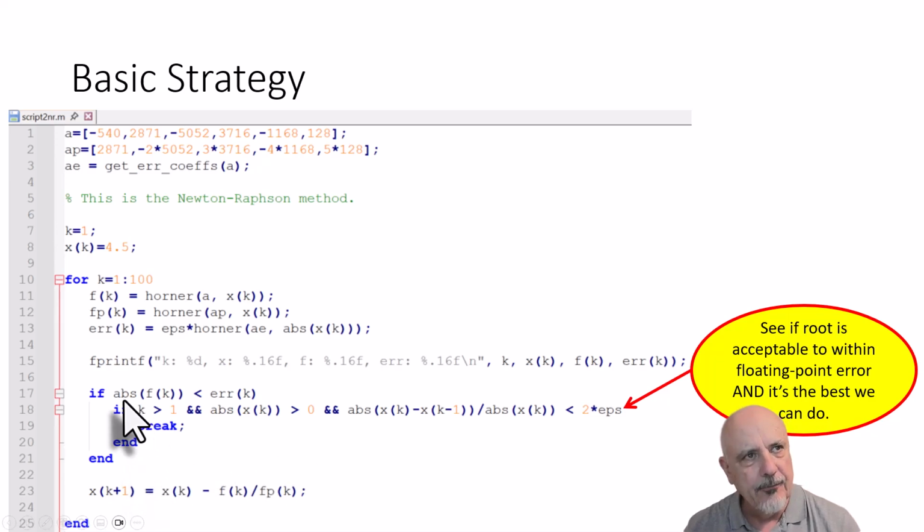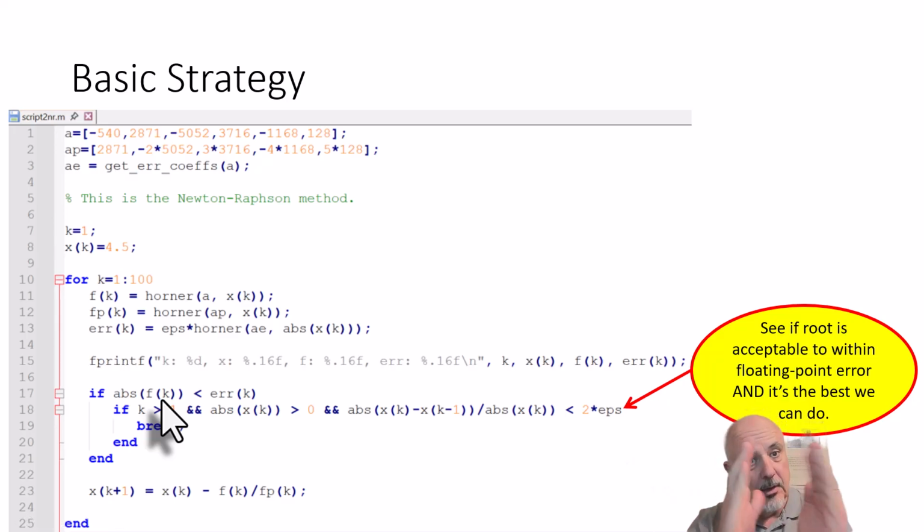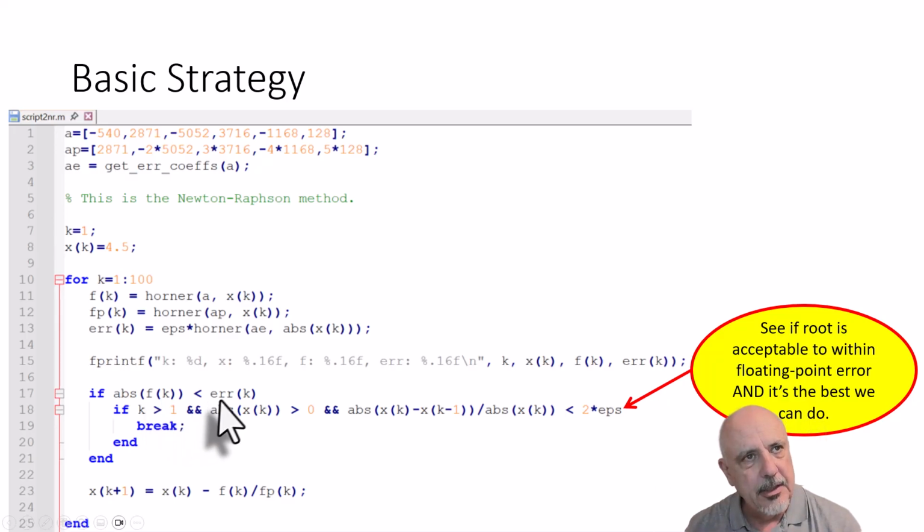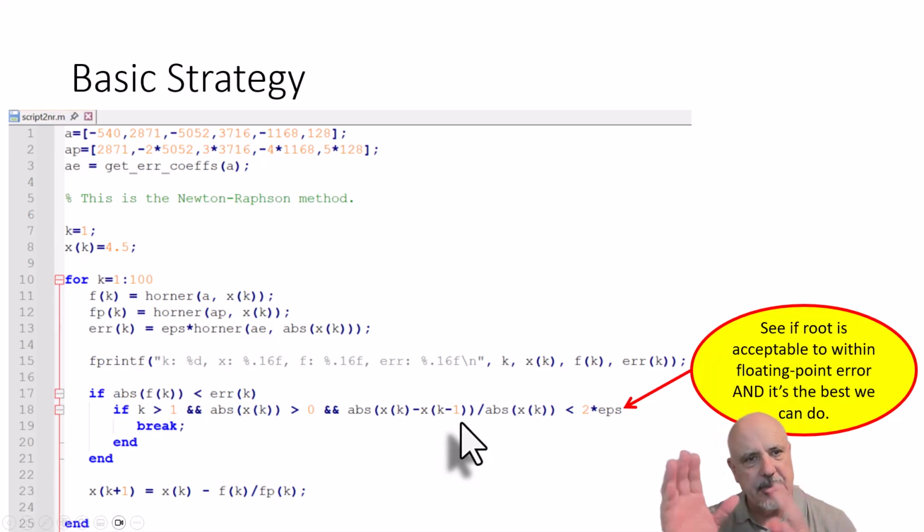All right, so the first thing is we're going to make sure that the absolute value of the polynomial is less than the error bound. So that's the first thing. And if that's true, then I want to check to see if the x's are changing. If the x's are still changing, I'm going to keep going.